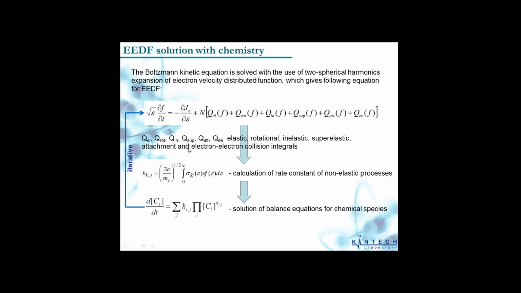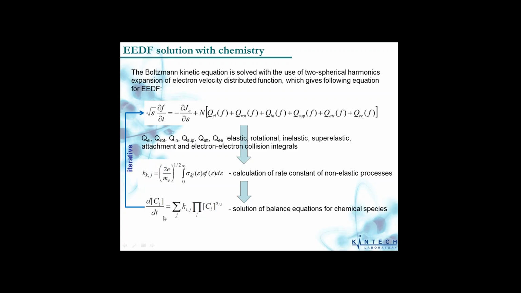In this equation, we take into account all possible processes with participation of the electron: elastic collision, rotational excitation, inelastic collision, like dissociation by electron impact, excitation of electronic levels, superelastic collision, attachment of electrons, and electron-electron collision. After solving the Boltzmann equation, we may calculate rate constants, which are then used in the balance equation for chemical species concentration.